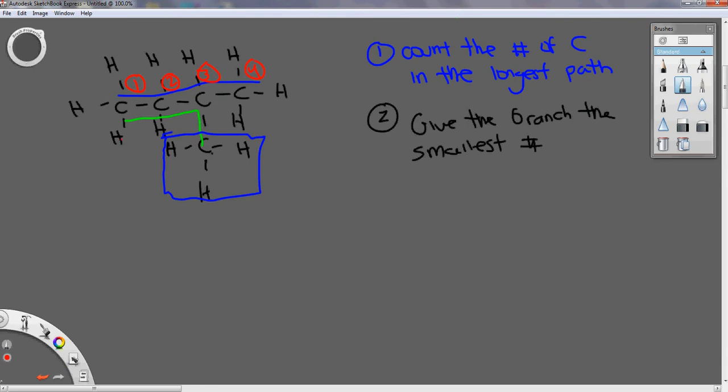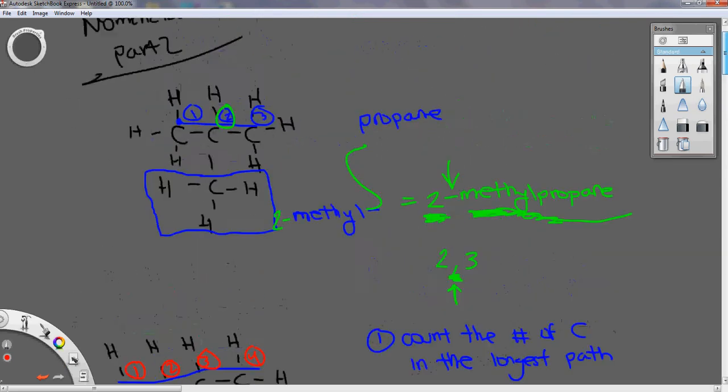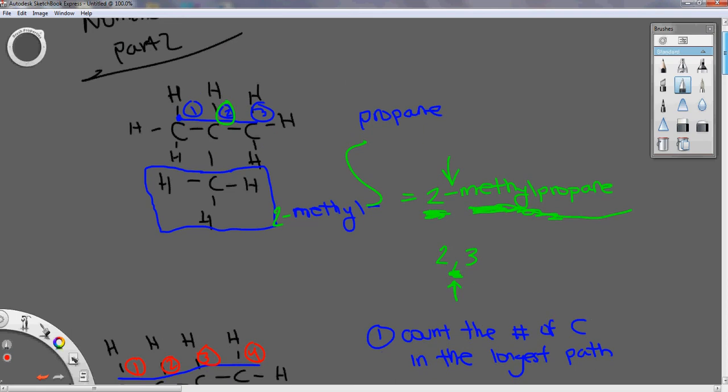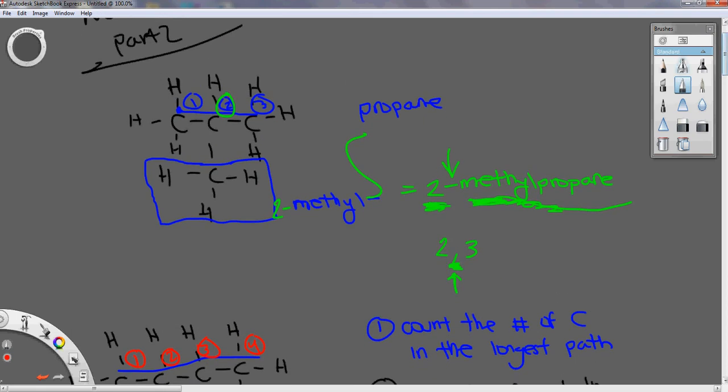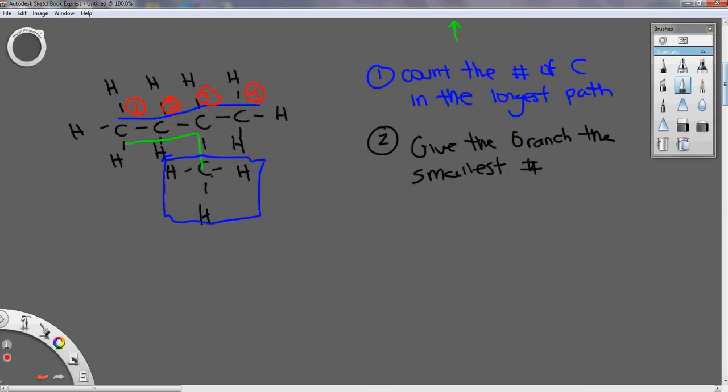Alright, so based off what we saw up here, the branch is given the number it branches off of. In this case, it was 2. Here it is 3. So its name would be, remember, hyphen, 3-methylbutane, because we counted 4 carbons.